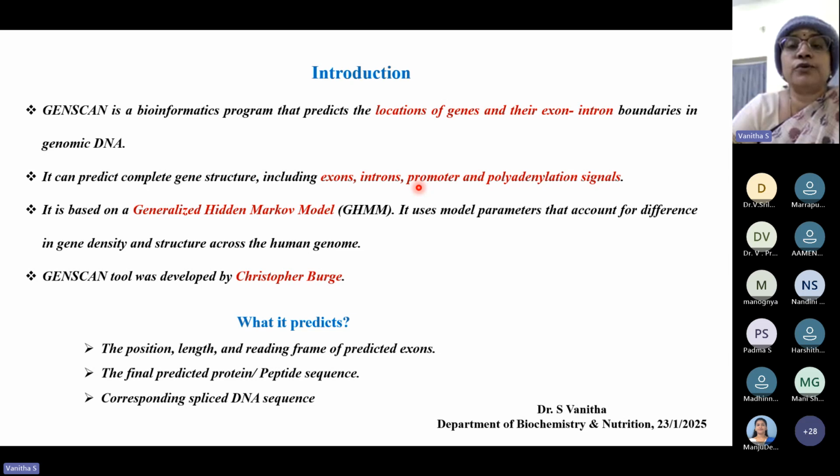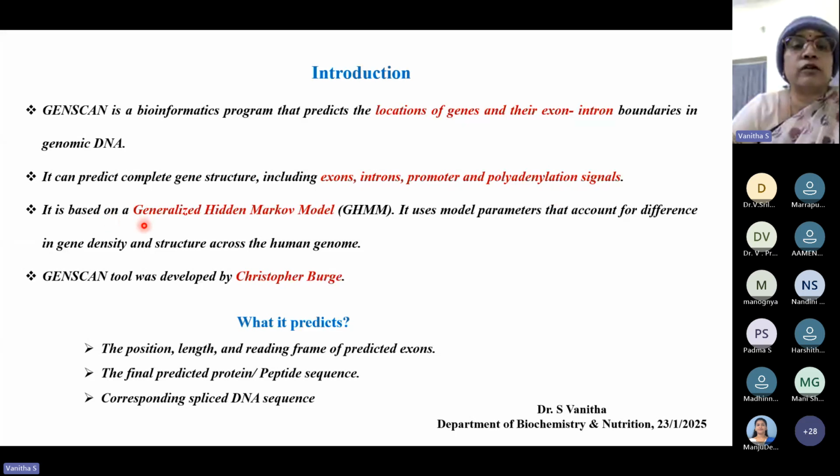For a gene to undergo transcription, we require the promoters. Promoters are the regions where the RNA polymerase will bind and initiate transcription. Along with that, we are also able to predict the position of terminator signal regions, written here as polyadenylation signals.